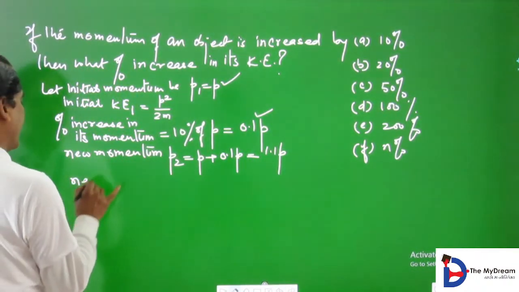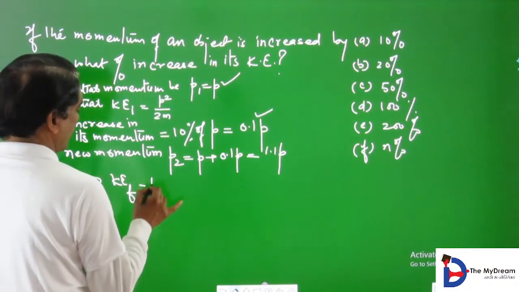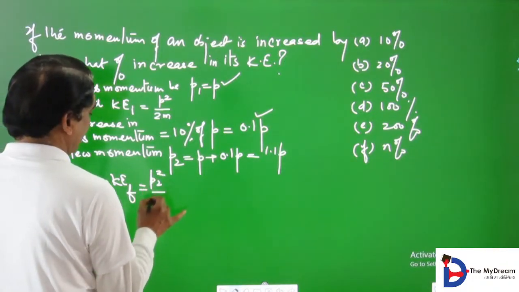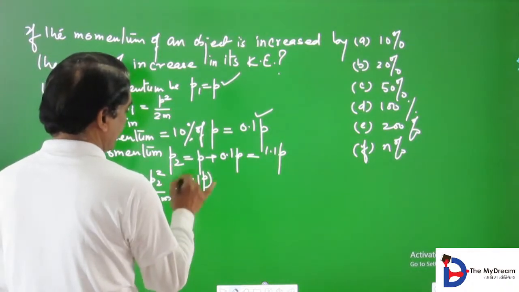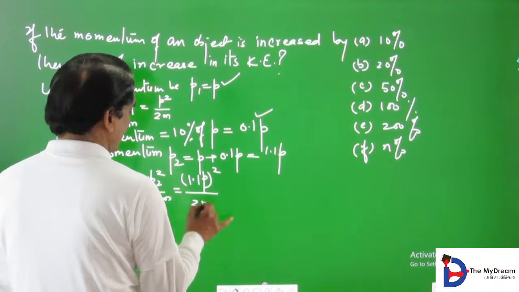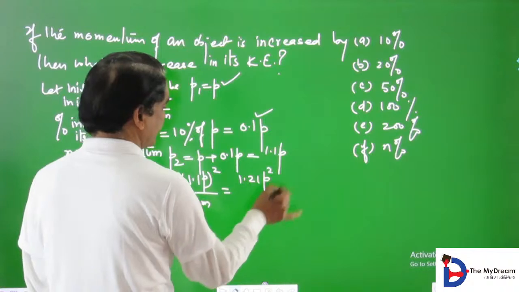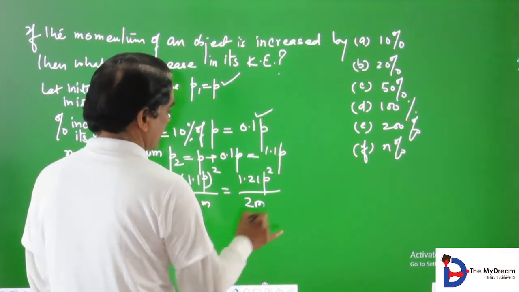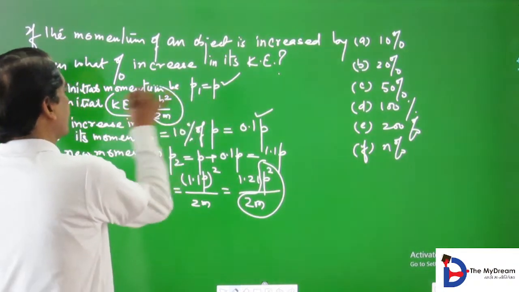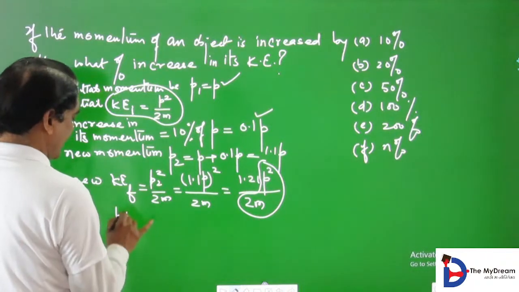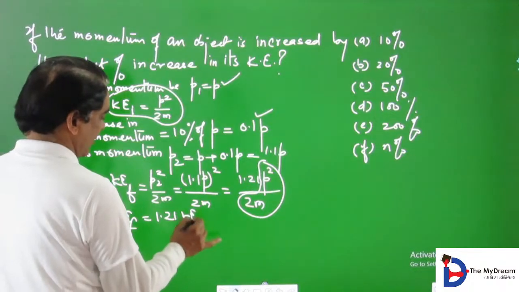So the new kinetic energy KEF is P2 square by 2m. In place of P2, you can write down 1.1 P, that is 2m, square of 1.1, which gives 1.21, and P square by 2m, so kinetic energy is 1.21 times of initial.